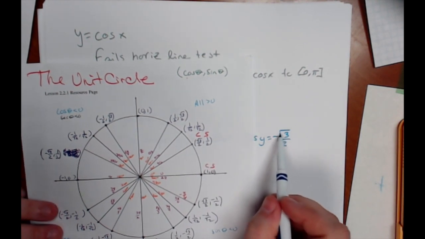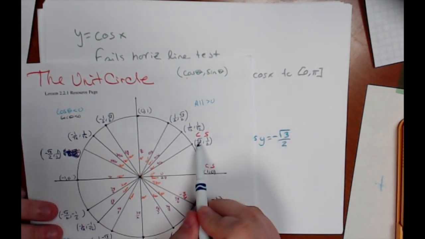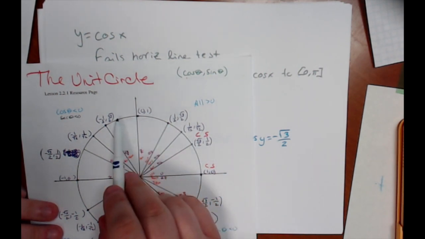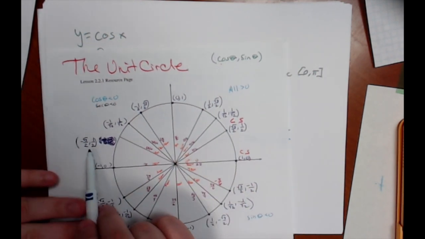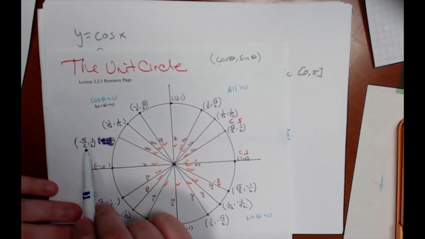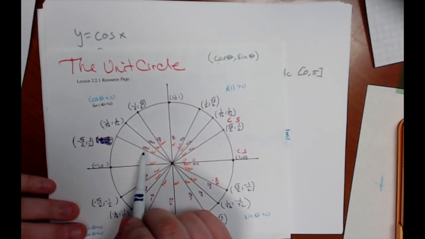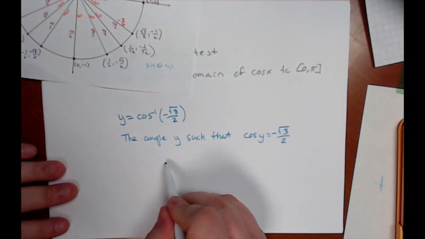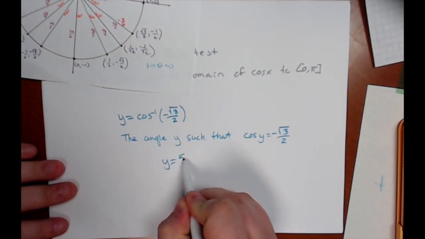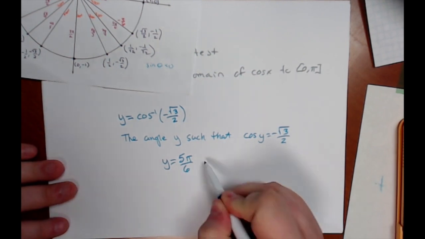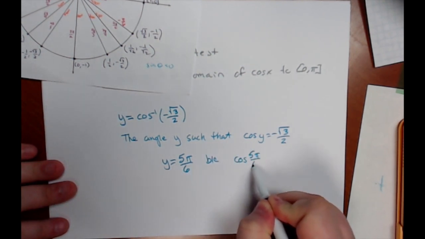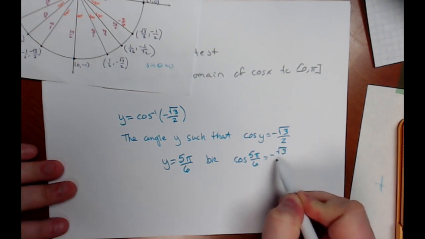And so where do we get negative root 3 over 2? Over here we have negative root 3 over 2 at our angle 5 pi over 6. So y equals 5 pi over 6, because cosine of 5 pi over 6 is equal to negative root 3 over 2.